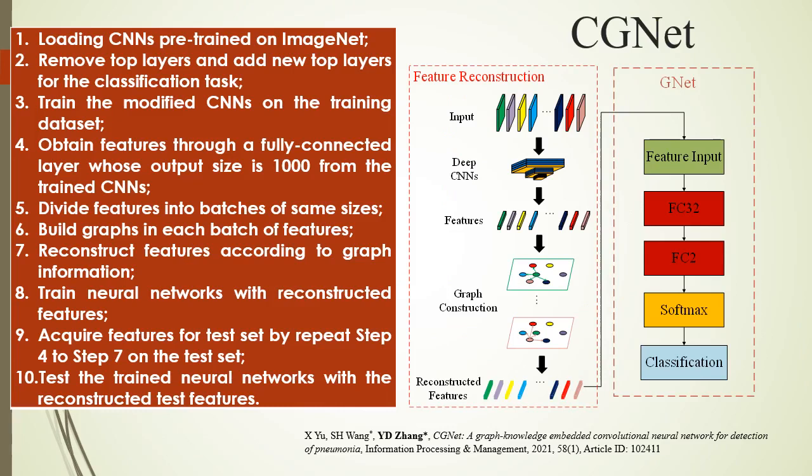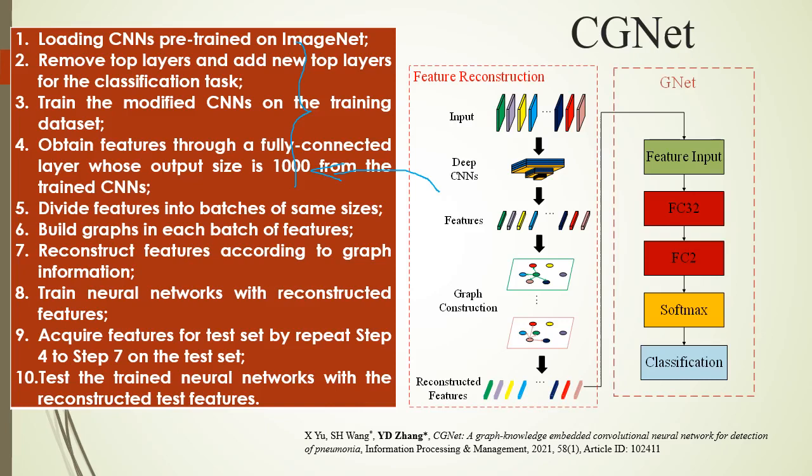The second AI model we proposed is called the CGNet. On the left of this slide, you can see in total we have 10 steps. At steps 1 till 3, we can see here this is a link to the CNN features, obtained from 1,000 dimensional fully connected layers.